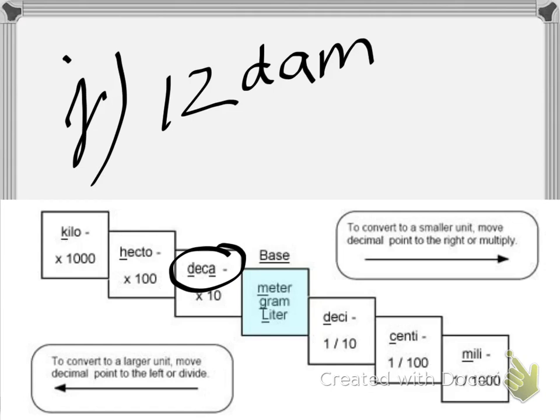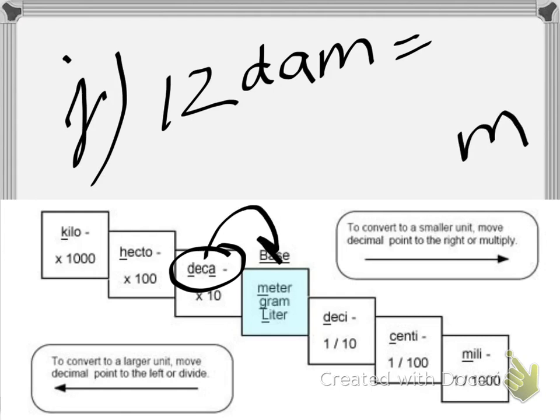And of course this M could be DAM for decameter, DAG for decagram, or DAL for liter. So we use the same prefixes for any of the different measures. Meter, of course, is for measure of length, gram is for weight, and then liter is going to be for capacity. So we're taking 12 decameters and we're changing that to meters.